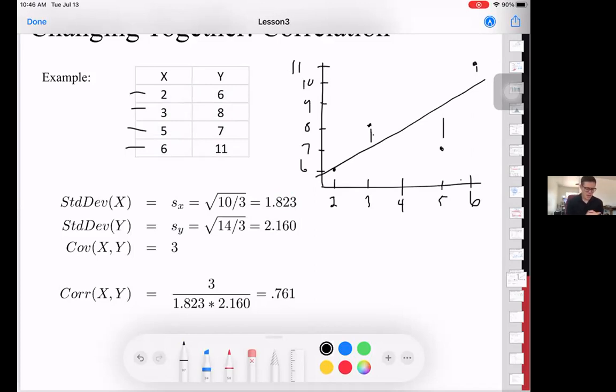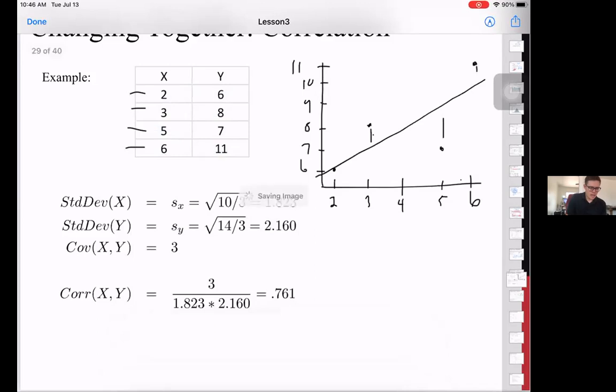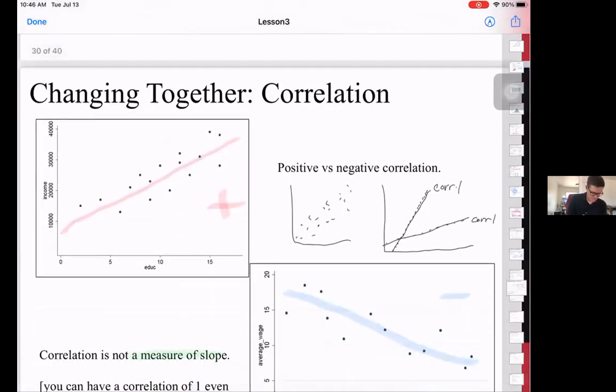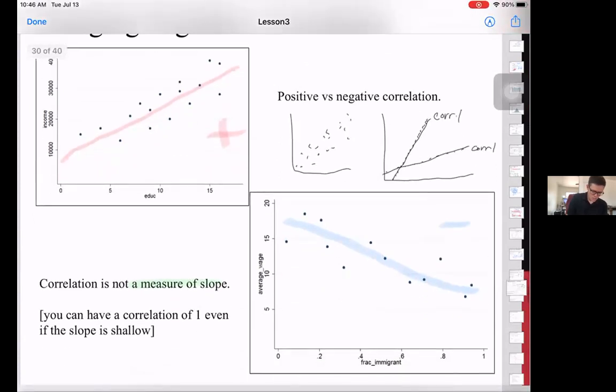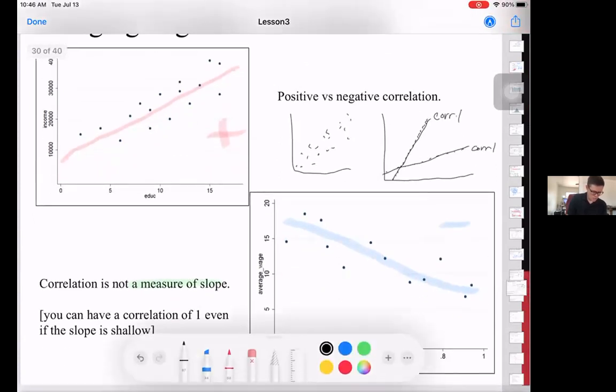Okay, so let's see what we got next. So the nice thing about your eye is it's very tuned to seeing slope. So you'll say, this is clearly a positive slope, this is clearly a negative slope. Correlation doesn't measure the slope.